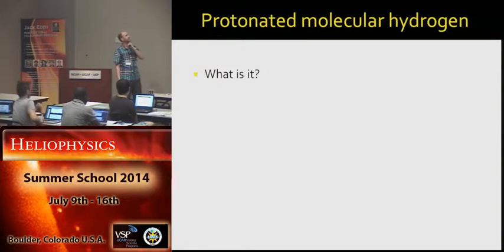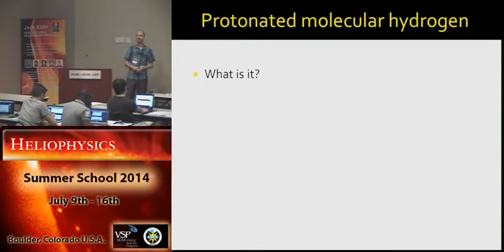All right, protonated molecular hydrogen. Does anyone know what that is? It sounds intimidating if you don't have a chemistry background. The molecular hydrogen part is easy. So what does the protonated part mean?